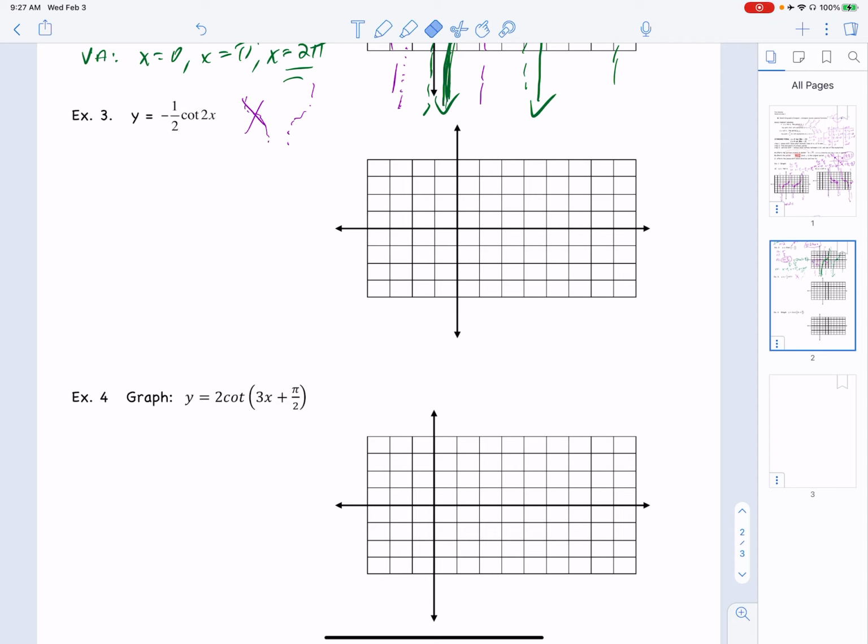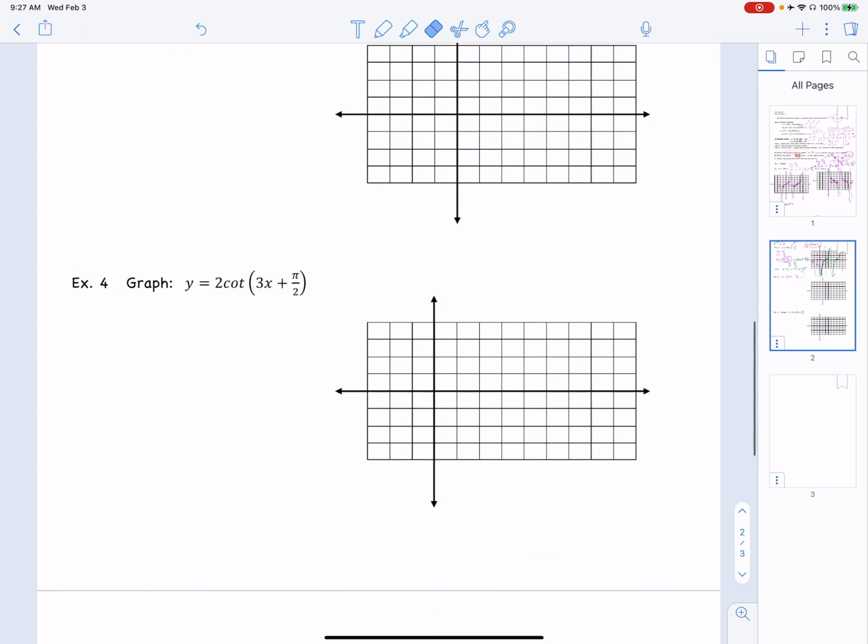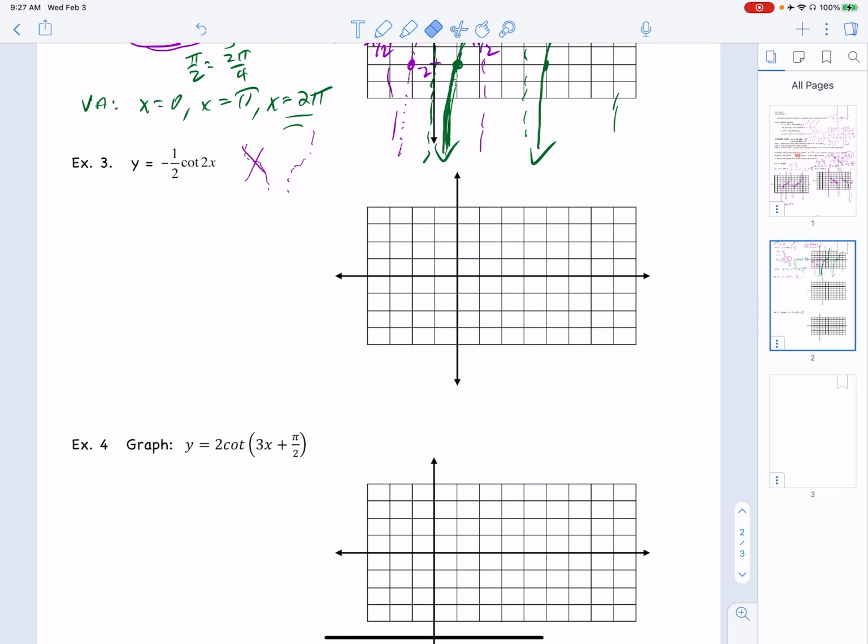All right, so on this one, with this negative 1/2, that means I'm expecting, let's back that up. Just where this function would normally be at 1, it's going to be at negative 1/2. Where this function would be normally at negative 1, it'll be at positive 1/2. So it flips and it's a vertical shrink.